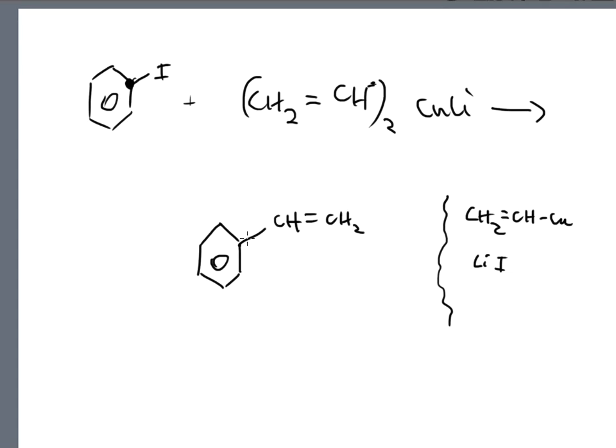So one of the weird things that happens here is that these reagents, the Gilman, we can react them with things like aryl halides. These have been problematic in the past, especially in substitution land. The reason is, in substitution land, let's say we have an OH group.